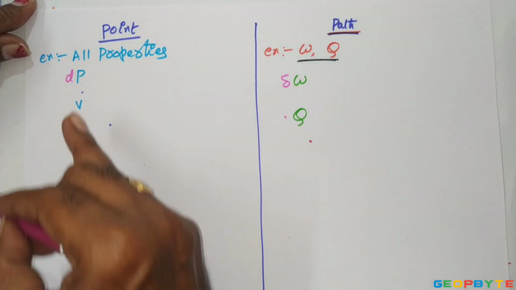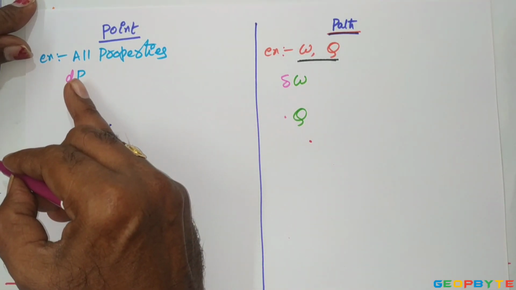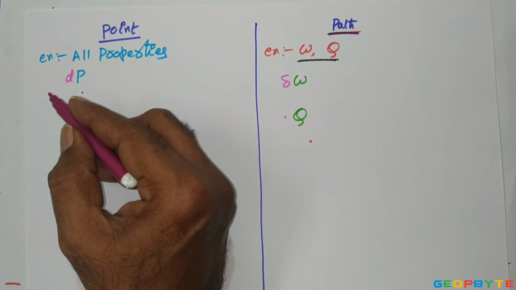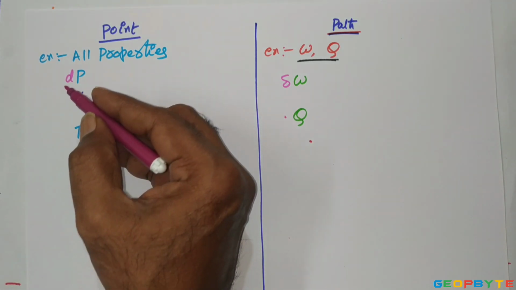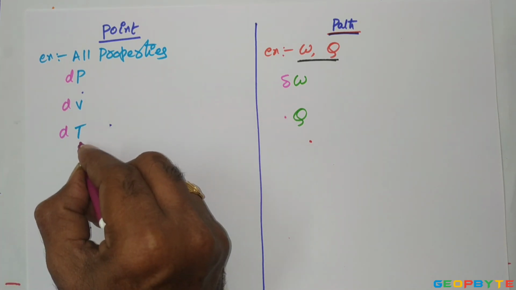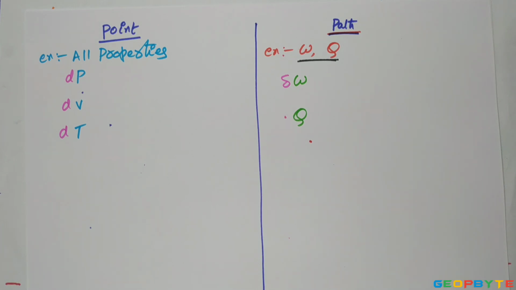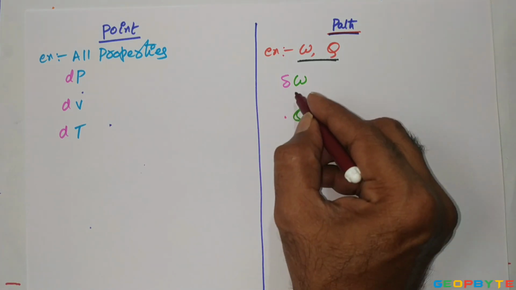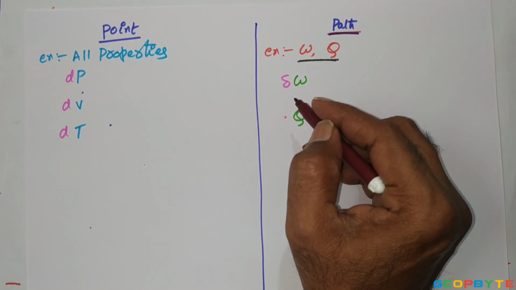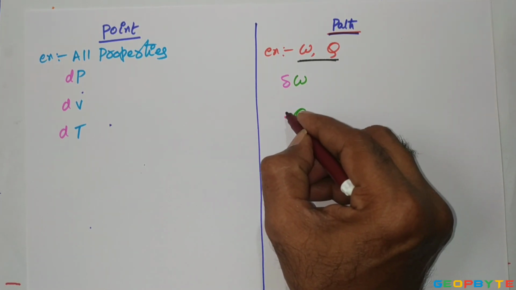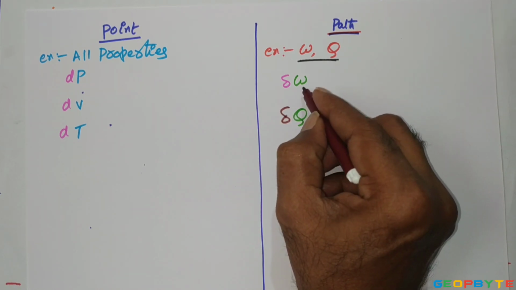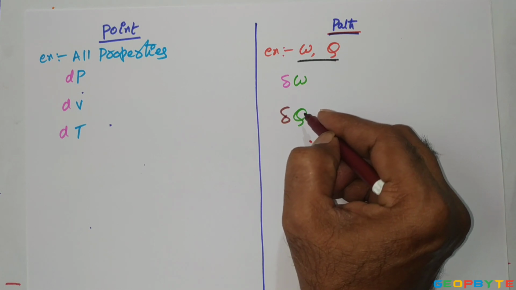Since d is for exact differentiation mathematically, all point function quantities are treated as exact differentials or perfect differentials. Whereas the symbol del is used for inexact differentiation in mathematics. Therefore, the path function quantities are also called inexact differentials.